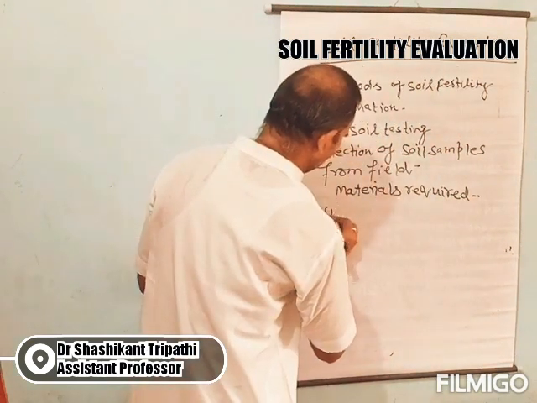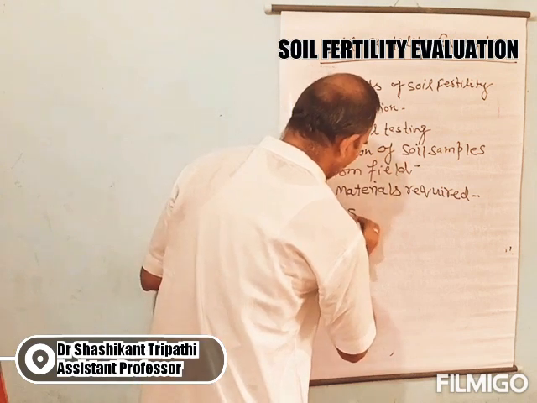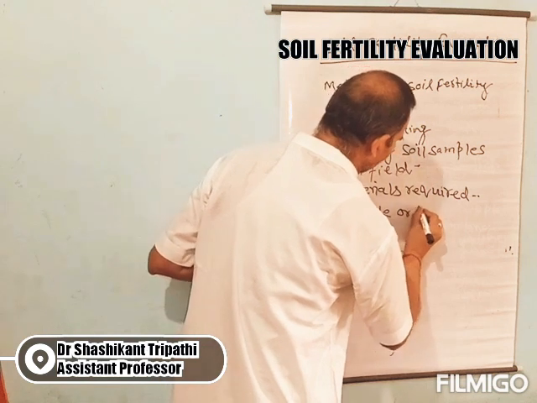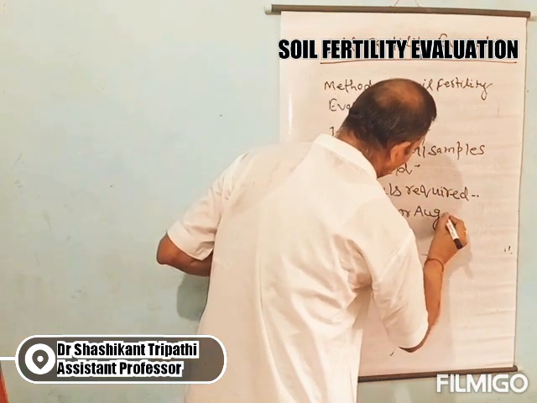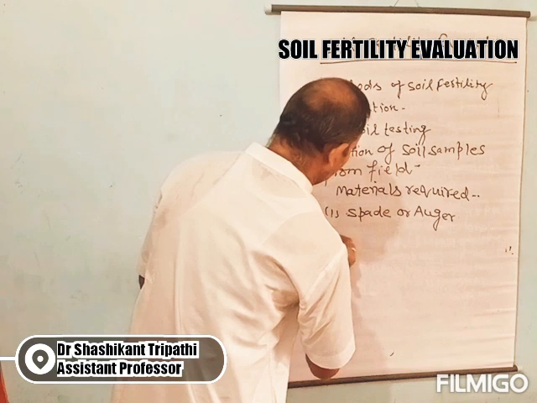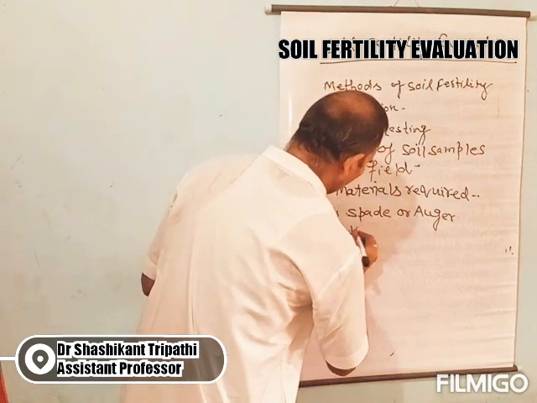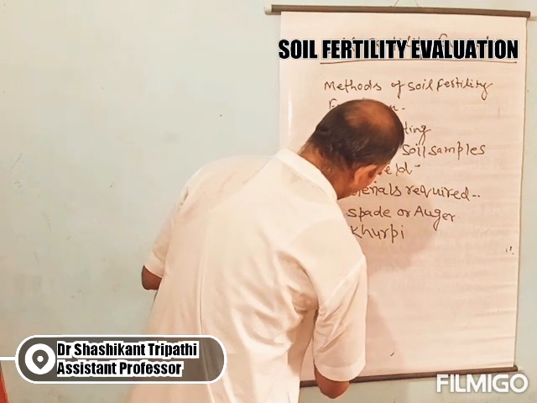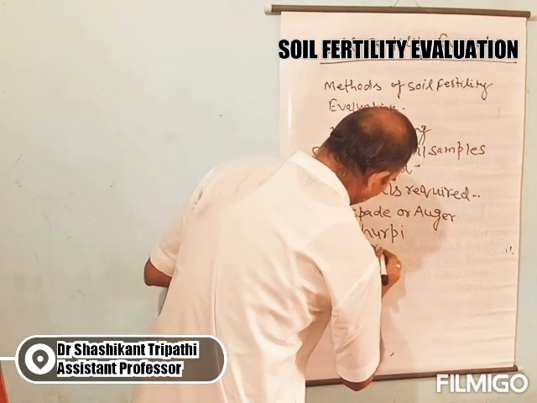that is spade or auger. Second one is the khurpi. Core sampler.